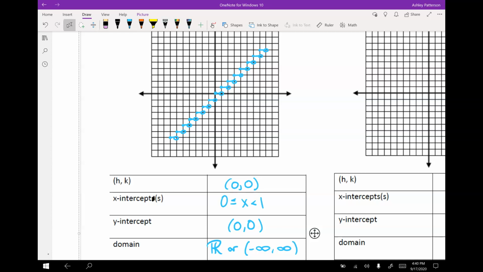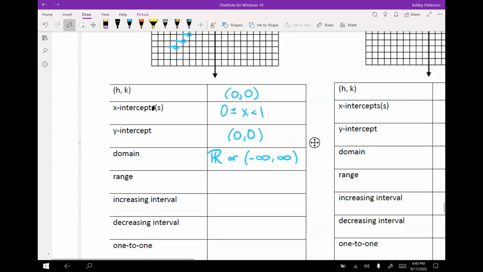How do we write it? Well, you can write all integers because that's where our steps exist, or you can write the symbol for integers, which is that fancy Z. The range is such because it is a step function. The space in between the steps does not exist. Therefore, we just say all integers.